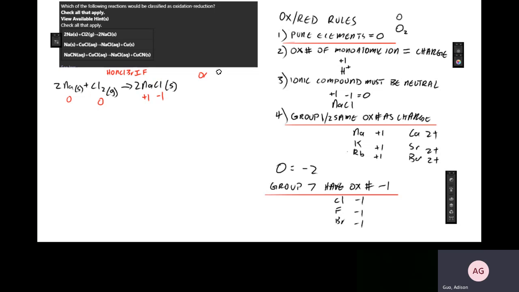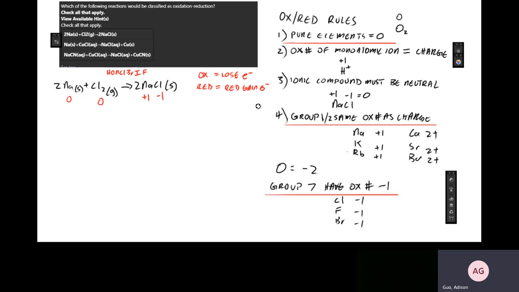So oxidation and reduction. Oxidation is going to be lose electrons, and reduction is going to be gain electrons.